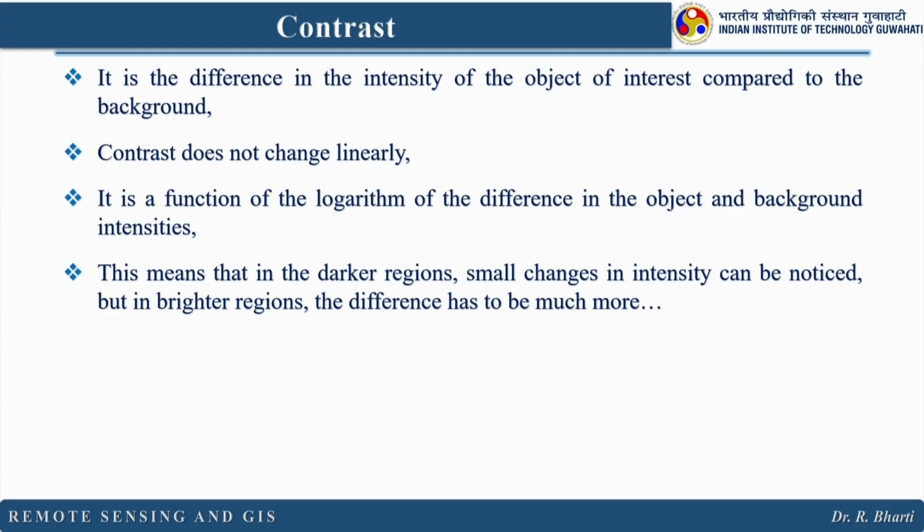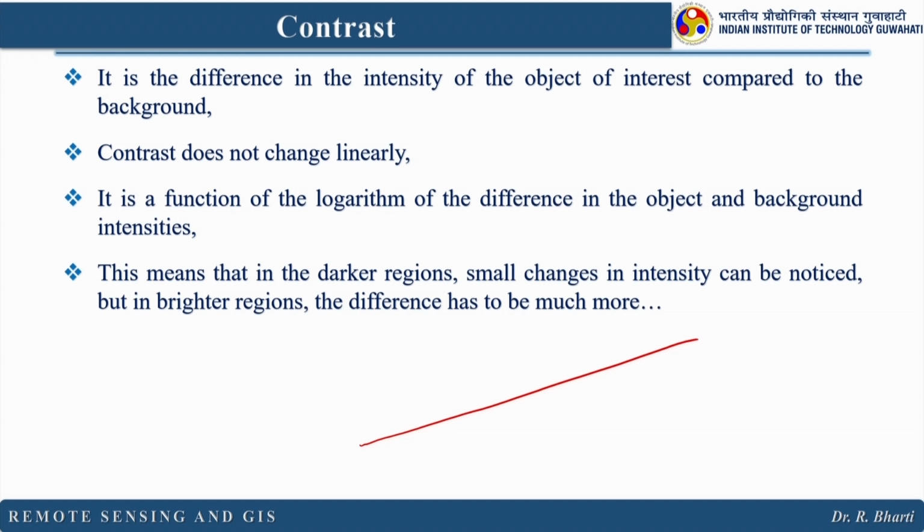This means that in the darker region, small changes in intensity can be noticed, but in the brighter region, the difference has to be much more, right? Because if you just imagine this particular slide is empty, there is nothing written here, and then you draw a line, then you can easily see this line.